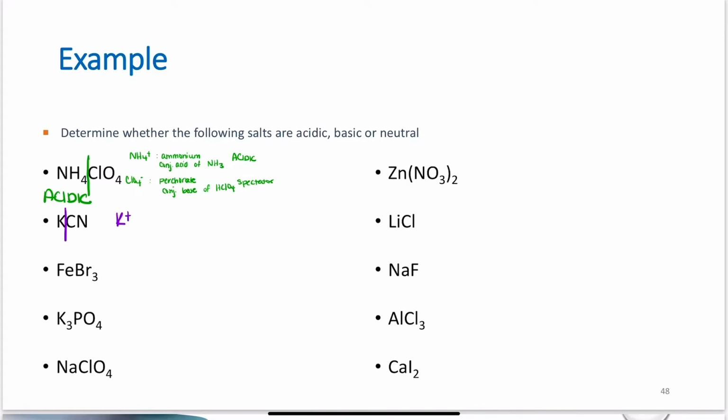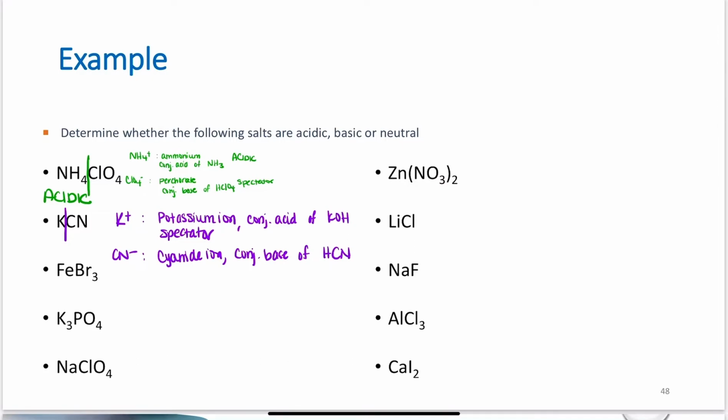Split this up, I get K+, potassium ion, conjugate acid of KOH, which is a strong base. So this is a spectator. I also get CN-, cyanide ion, which is the conjugate base of hydrocyanic acid, which is a weak acid, so this will be basic. This will behave as a base in solution.